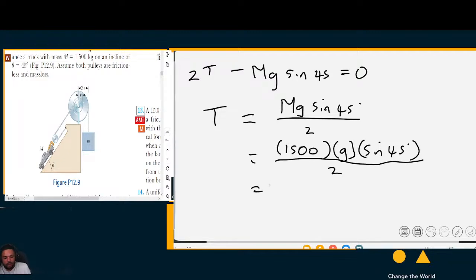So the answer will still have a G in it, so it's 530 G newtons. That is a G. That's not grams, that is the gravitational acceleration G.